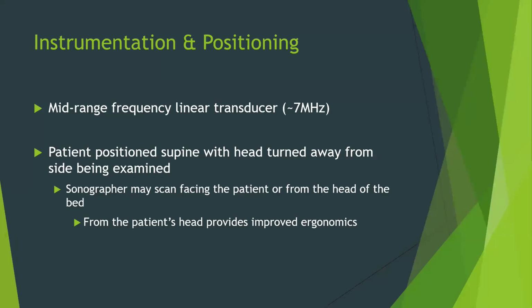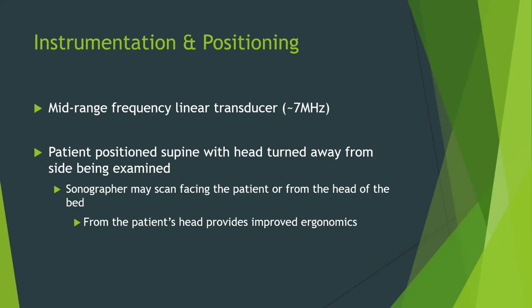So the probe that we're normally going to be using, Leah talked about it a little bit in her first slide, and Neil did as well, is that linear transducer around 7 megahertz. It might change a little bit depending on the machine that you use.